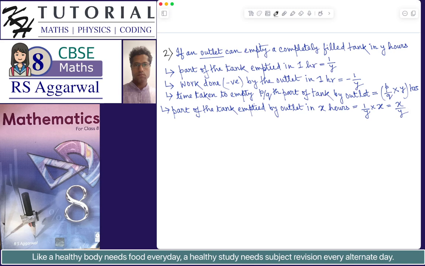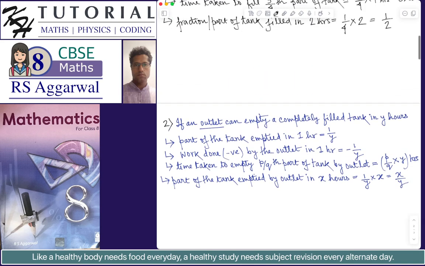So if a tank is completely filled and the outlet takes y hours to empty the entire water in the tank, then what results can we have from this fact? It is quite similar to rule number one.